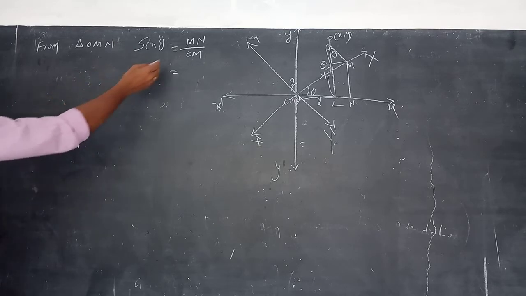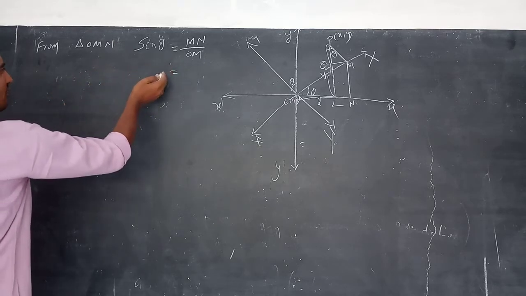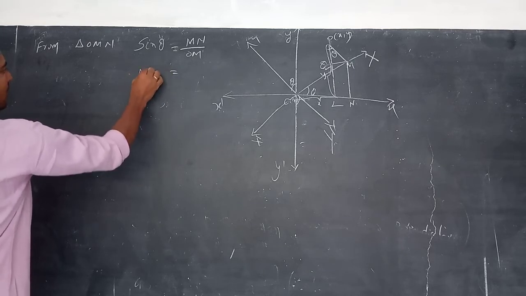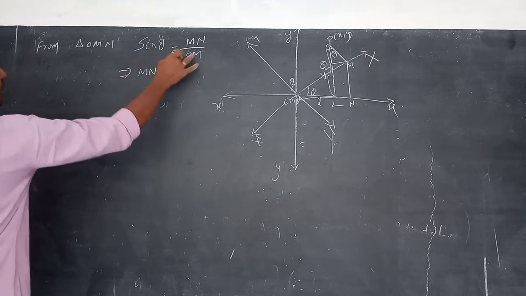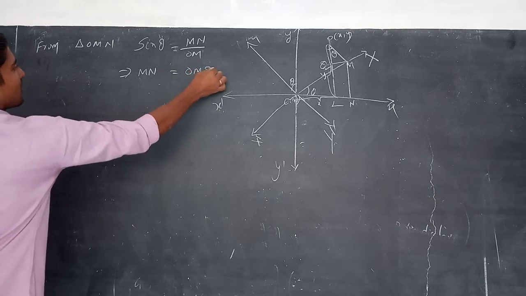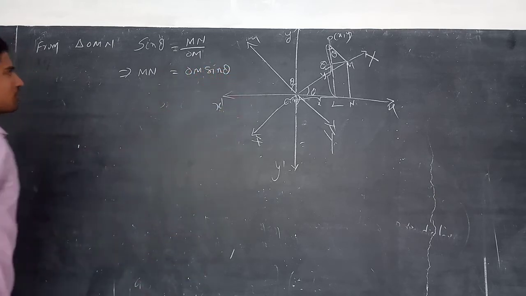Taking the cross multiplication, MN equals OM sin theta.